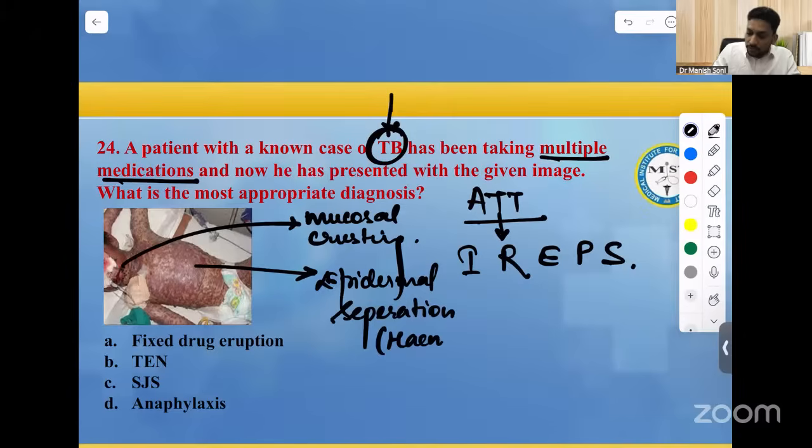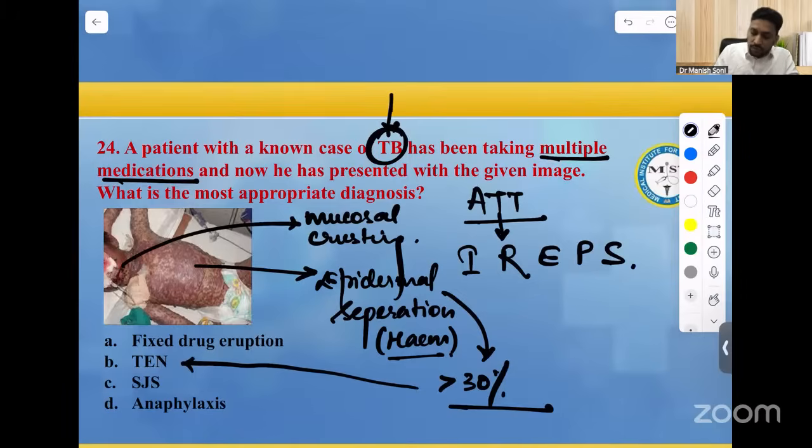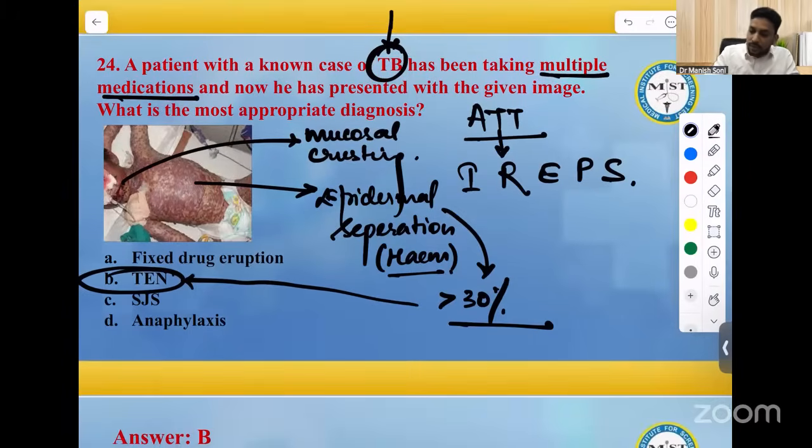As you can see, a lot of brown color or blood is present. So hemorrhagic epidermal separation, almost whole skin is involved. More than 30% of the skin is involved. This is a case of toxic epidermal necrolysis. Why is it not Stevens-Johnson syndrome? Because there less than 10% skin is involved. Here in the image, you can see almost complete skin involvement.